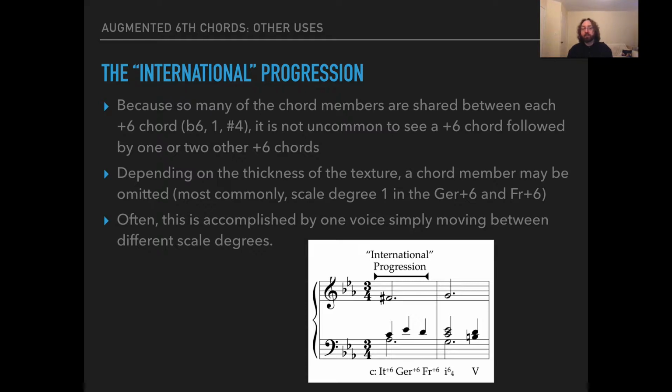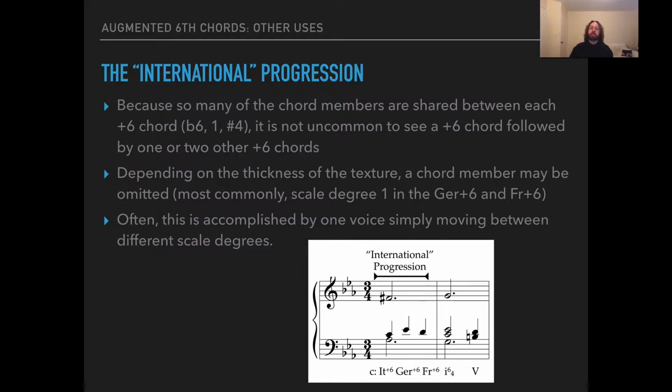In this instance, the scale degree 1 is left out. That's okay. It's still implying the German augmented sixth. And then we move on to scale degree 2 in that middle voice, forming a French augmented sixth chord without the tonic. So just by moving that middle voice, we're changing the augmented sixth chords.